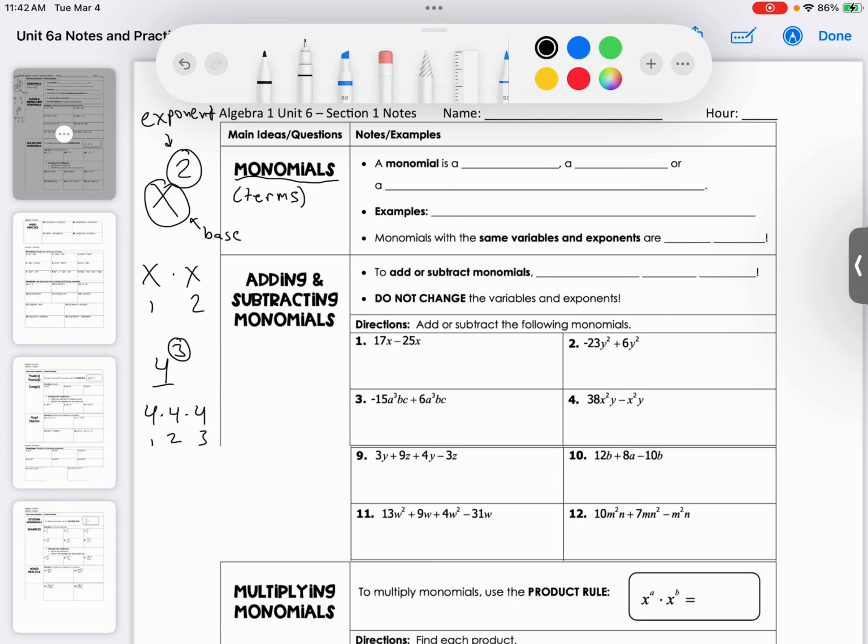A monomial can be a number, a variable, and remember variable would be something like x, y, a, g, a letter. Or it can be a product of number and variables.